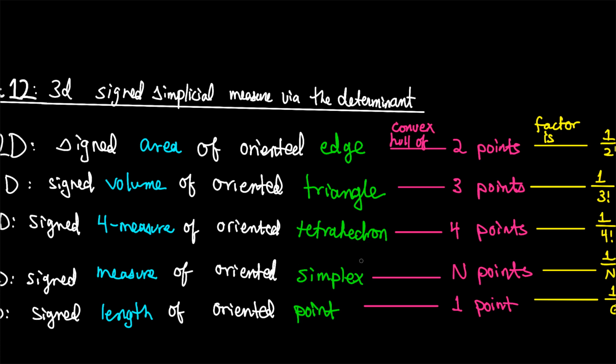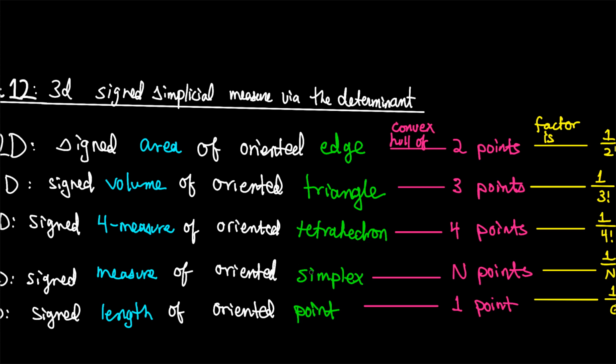And the convex hull of an n simplex is n points. I can't remember. Maybe it's an n minus 1 simplex because you want the number to match the dimension. I don't remember. A simplex with n points lives in n minus 1 dimensions. So a tetrahedron has 4 points, but it's a three-dimensional object. A triangle has 3 points.